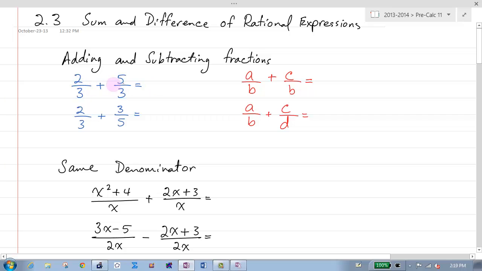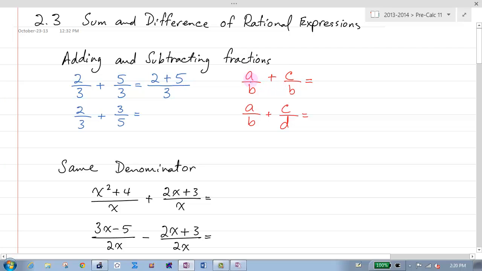If I have two fractions of a similar denominator, as in the same denominator, and I want to add these two fractions to each other, this is a pretty easy, straightforward procedure. I just write it as one fraction, and all I need to do is add the two numerators, 2 plus 5.